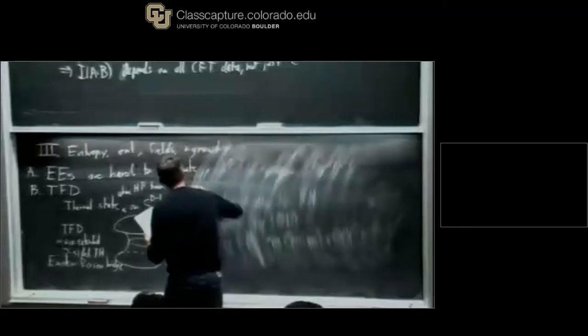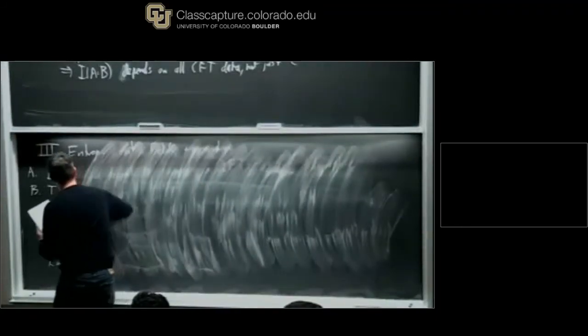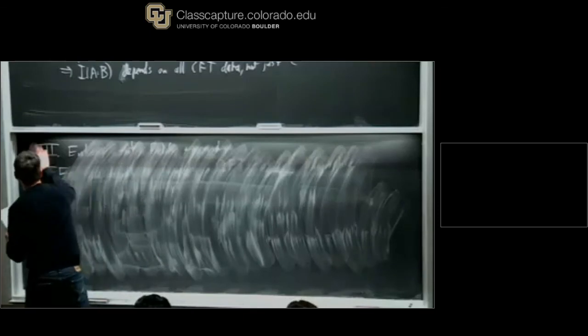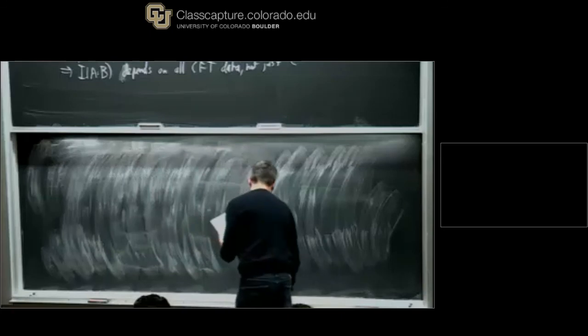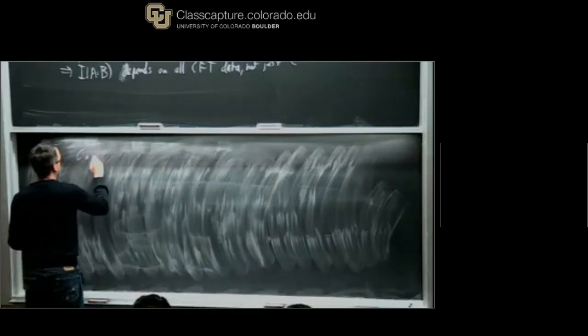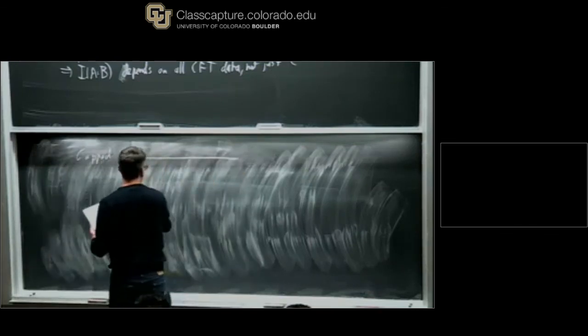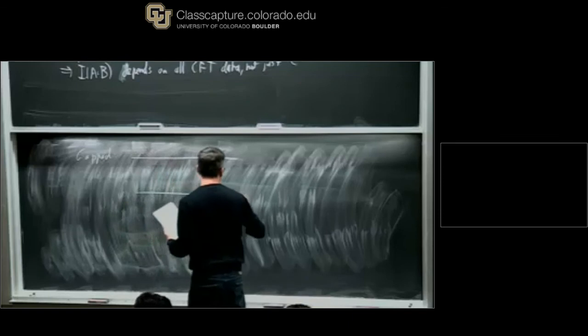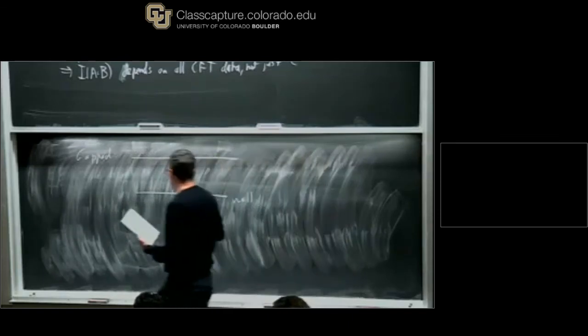A gapped system is represented holographically, as I guess Oliver discussed, by having some kind of a cap on your radial direction. So now you have just some kind of a wall where your space ends.